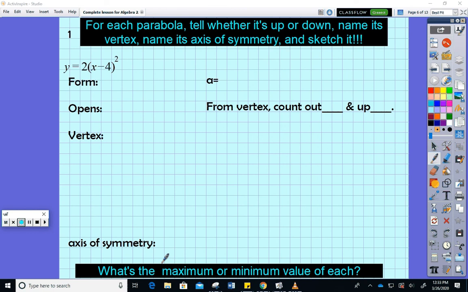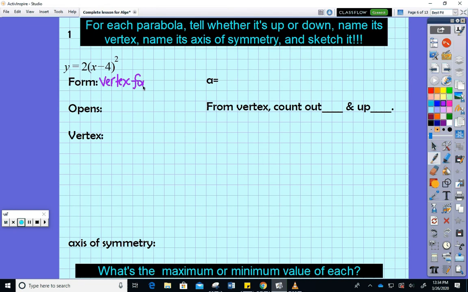All right, so when I look at this first problem, we're going to hopefully do the same thing on every problem, and you're going to feel okay with it. That's the goal. All right, so on the first problem, I recognize because it's got the x minus 4 squared in the equation, that looks like vertex form.